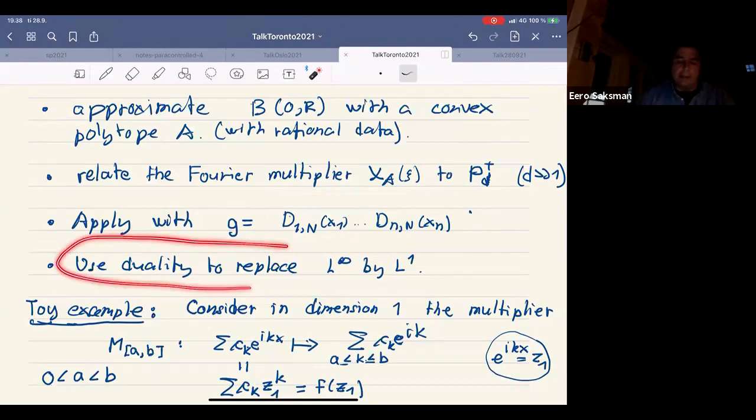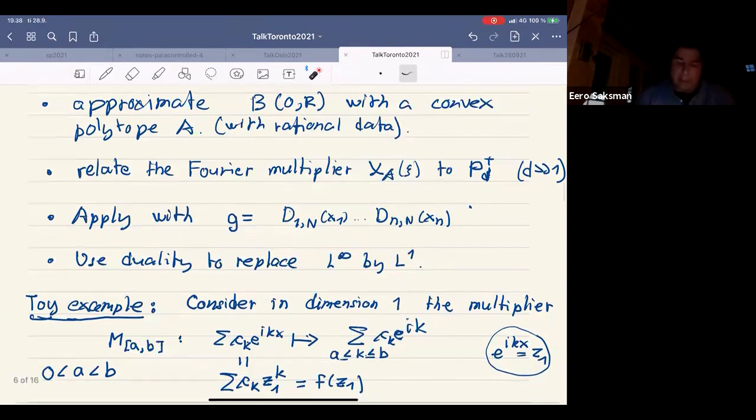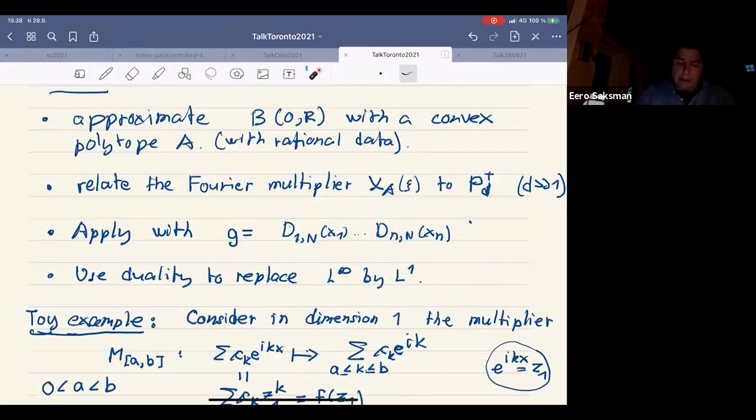And then there's a simple duality argument. But the basic things are already here. And the main question here is: how do we relate the Fourier multiplier chi A to the Riesz projection?